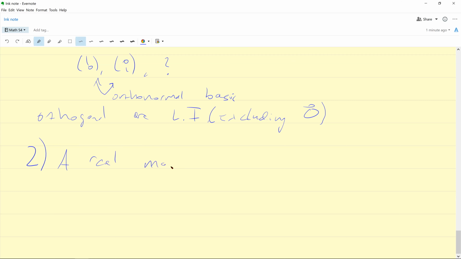So question 2: a real 3x3 matrix of rank 2 with 1 distinct eigenvalue.